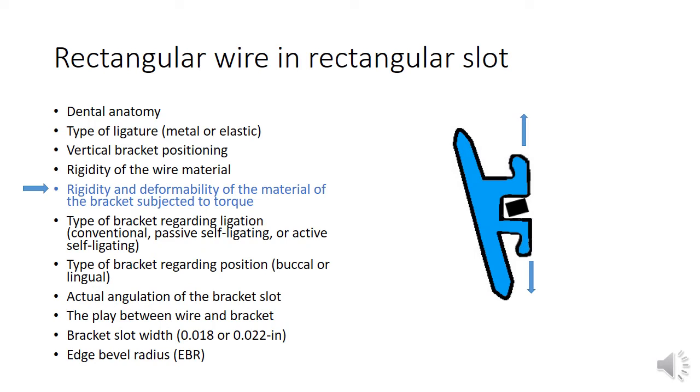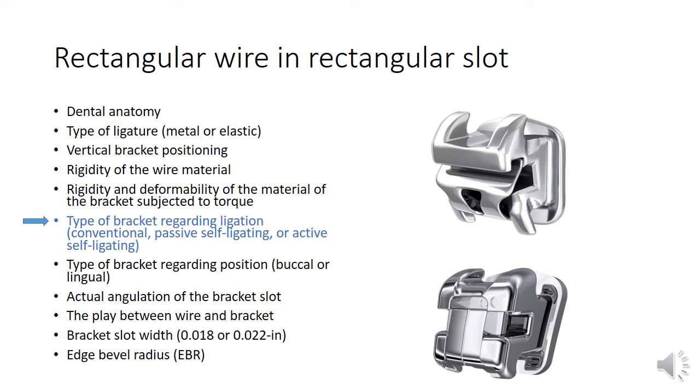Please note that it is 0.016 millimeter and not inches. Studies show that active stainless steel self-ligating brackets demonstrate an engagement angle of approximately 7.5 degrees, whereas passive stainless steel self-ligating brackets show an engagement angle of approximately 14 degrees with a 19 by 25 stainless steel wire in a 22-inch slot bracket.